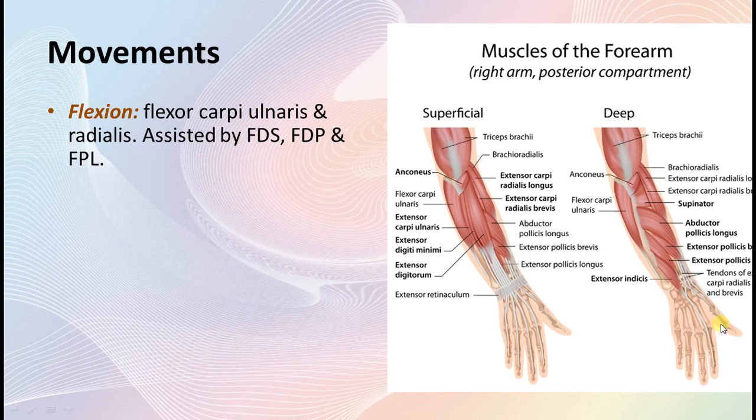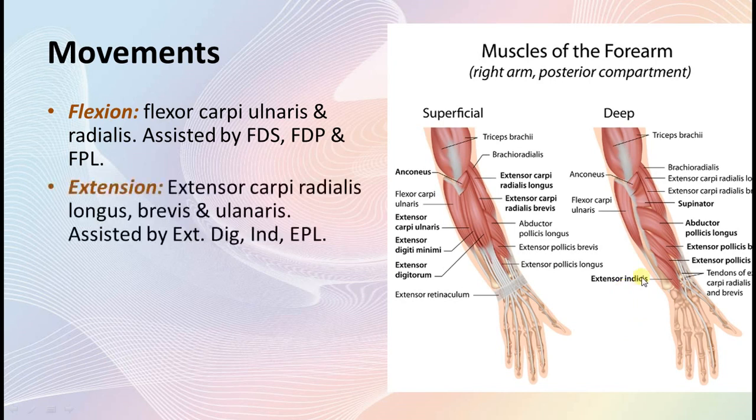Okay, so all the long flexors which are present mainly take part in the flexion of the wrist joint. Extension is by extensor carpi radialis longus, brevis and extensor carpi ulnaris, which is assisted by extensor digitorum, extensor indicis and extensor pollicis longus.